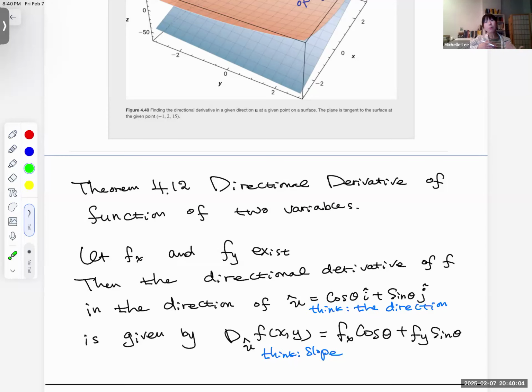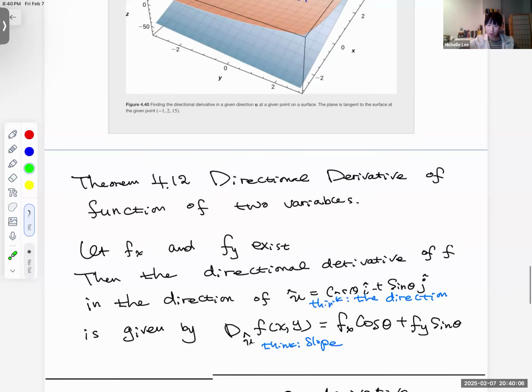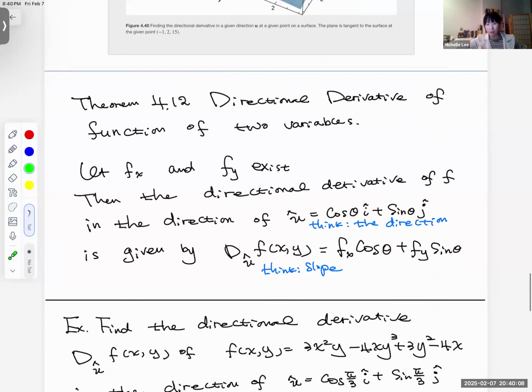We are following the partial derivative here: partial derivative with respect to x, partial derivative with respect to y. But then we are following the u direction. Even though we have the partial derivatives, we're not following their direction, we're following this direction.